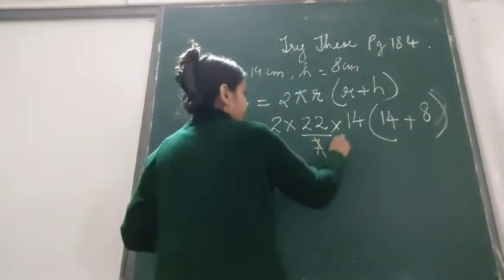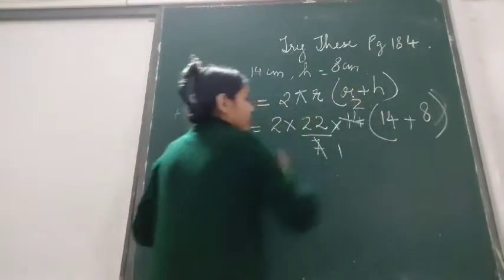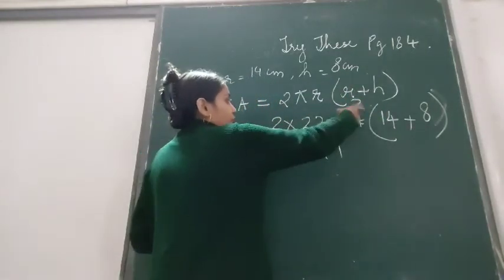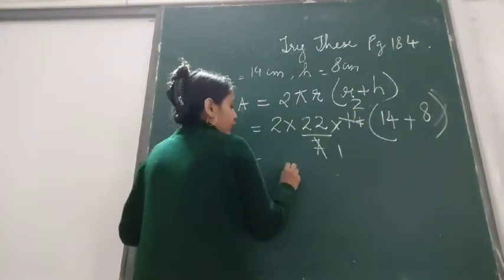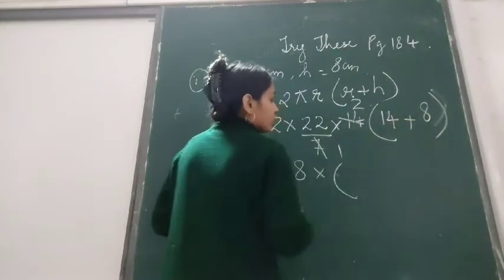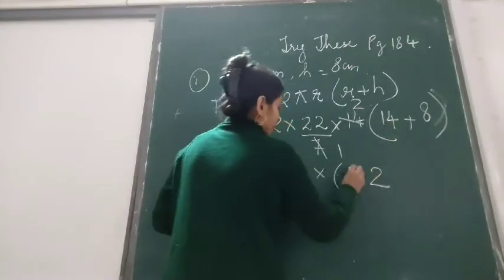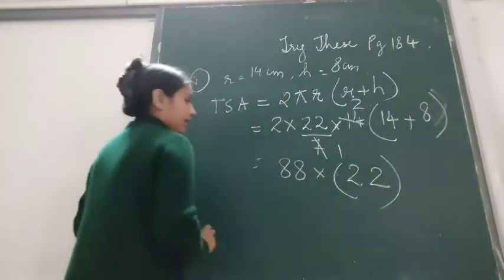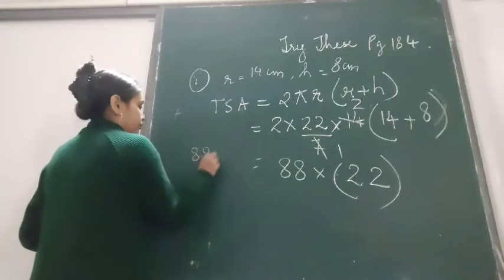7 and 14 can get cancelled. 7 ones are 7, 7 twos are 14, 2 twos are 4, 4 twos are 4, 22s are 88. 88 into this is 22. So now we multiply 88 and 22.